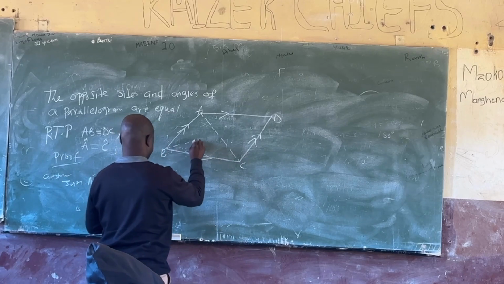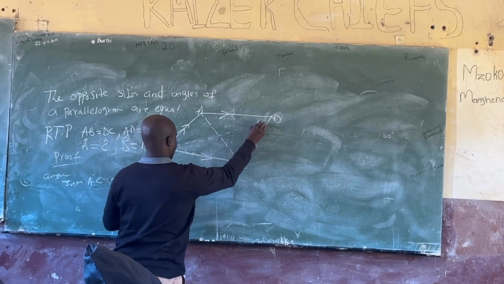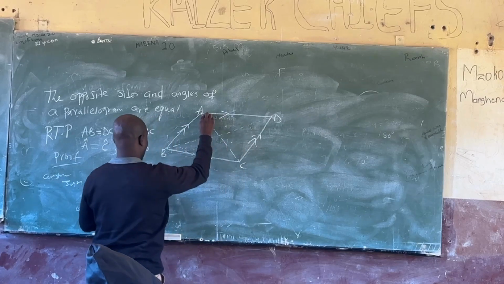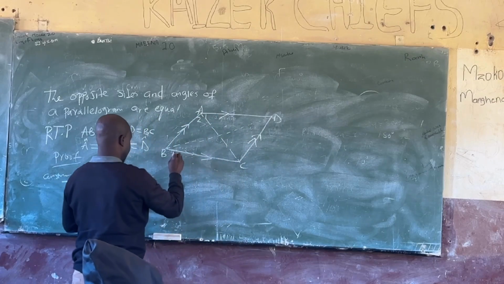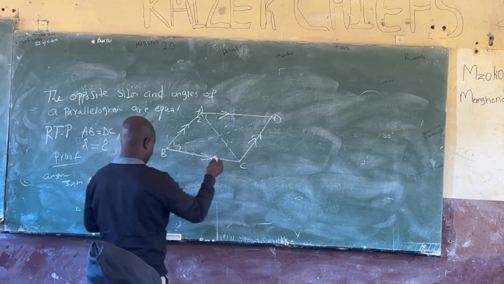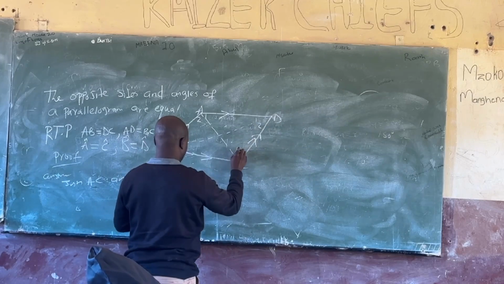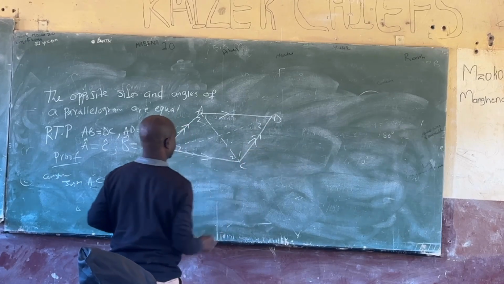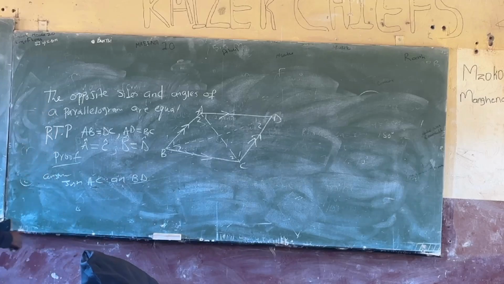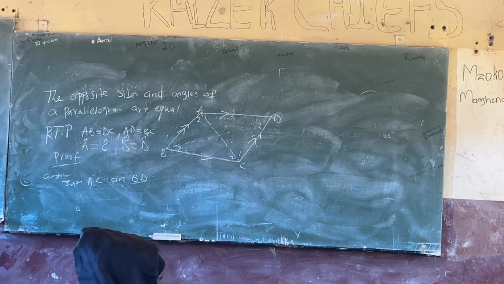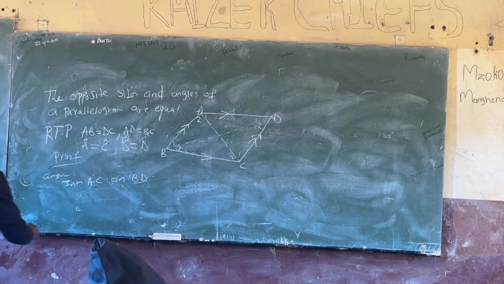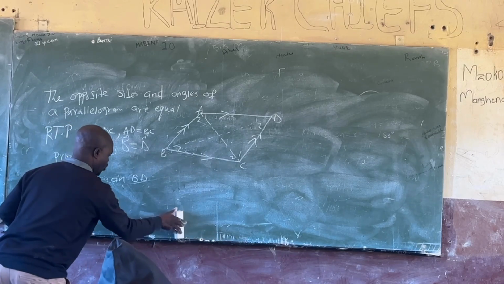After joining, we have 1, 2, and 1, 2, and 1, 2. I have this. Then from there, I will do this using the Holy Cross.